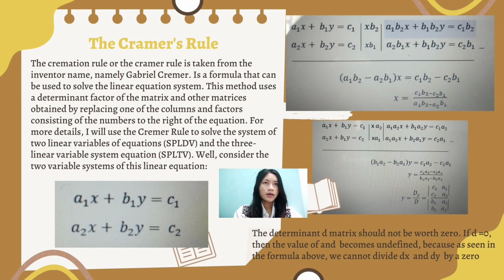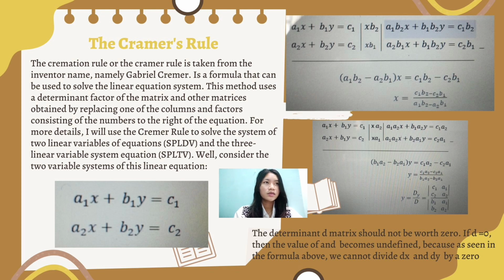Okay, next, about Cramer's rule. What is Cramer's rule? Cramer's rule is named after its inventor, Gabriel Cramer. It's a formula that can be used to solve a linear equation system.